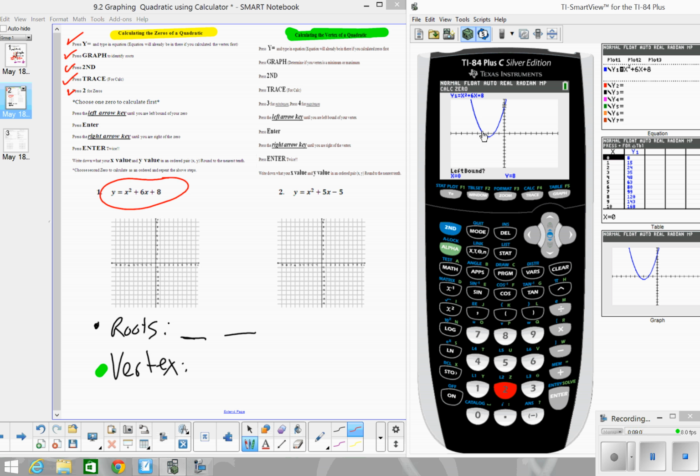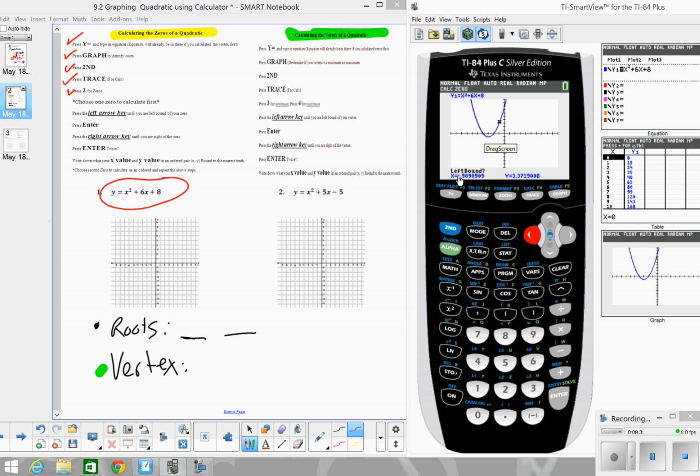So I always go from left to right. So I'm going to choose this 0 here. Now I have a blinking X up on the upper right of my graph. Now, the left and right arrows will move that. So if I hit right, it's going to move right. If I hit left, then I'm going to move left. So now, it says I want to choose one of my zeros, which I'm choosing the left.